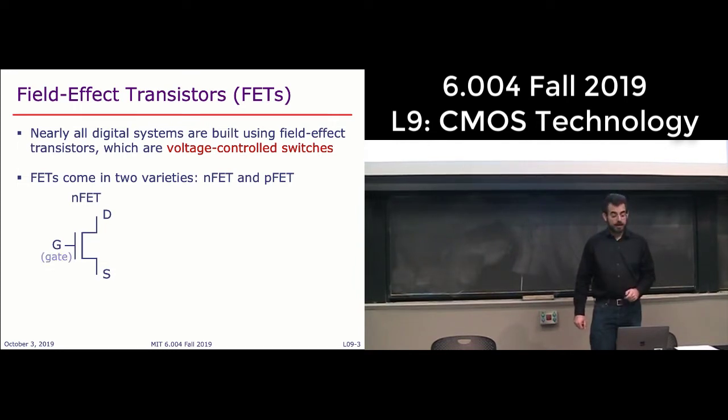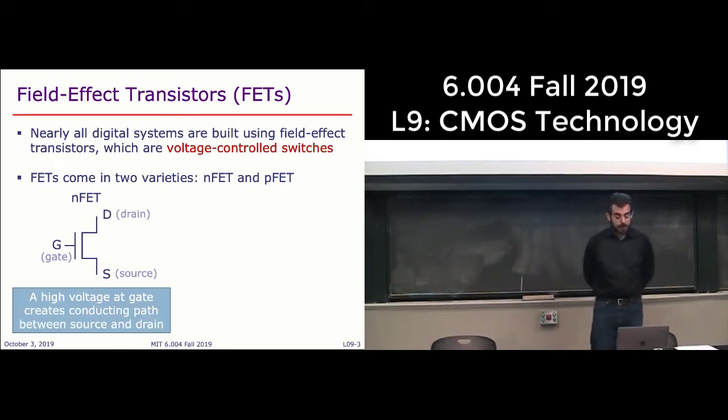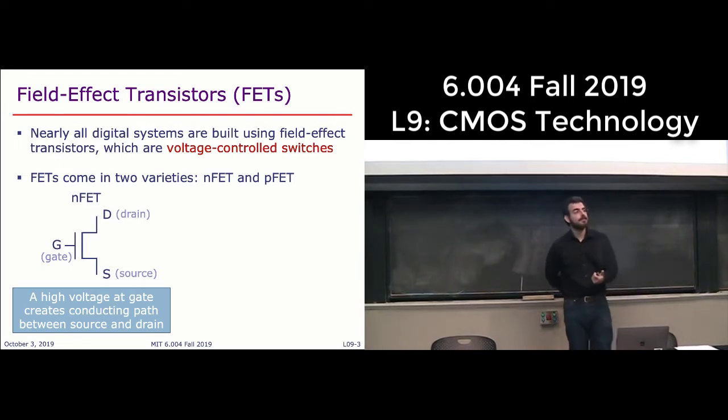And the way this N-FET transistor works is a high voltage at the gate is going to create a conducting path between drain and source. So when you put a high voltage here, let's say at digital 1, you will connect these 2 terminals electrically. If there's a low voltage here, these 2 terminals will be disconnected. And we can use these to build gates.